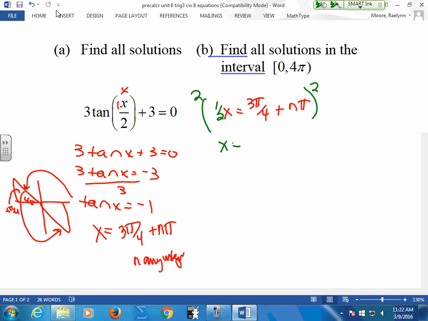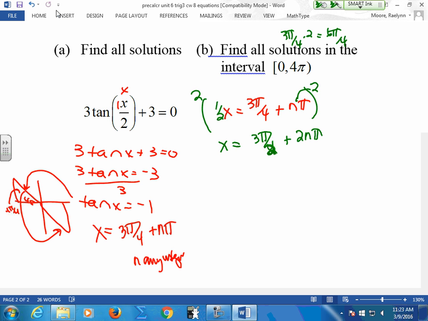This becomes x. Now if I multiply 3 pi over 4 times 2, I get 6 pi over 4. What can that be reduced to? 3 pi over 2. Plus, I got to multiply this guy also. 2n pi. So 3 pi over 2 plus 2n pi.